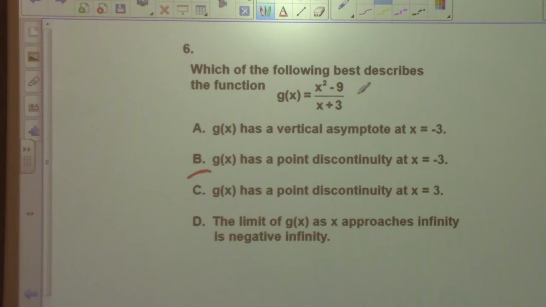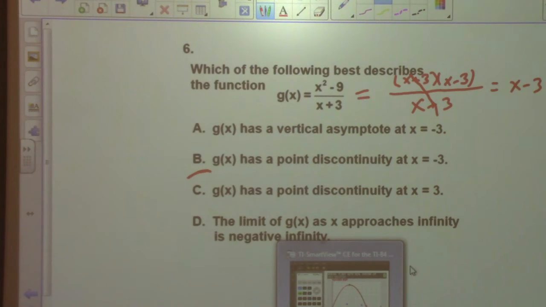Before we graph it, I'm going to go ahead and factor this and analyze. So how do you factor the numerator here? Here's your factoring. And what happens when you factor this? You're left with just x minus 3. So you lose the table.